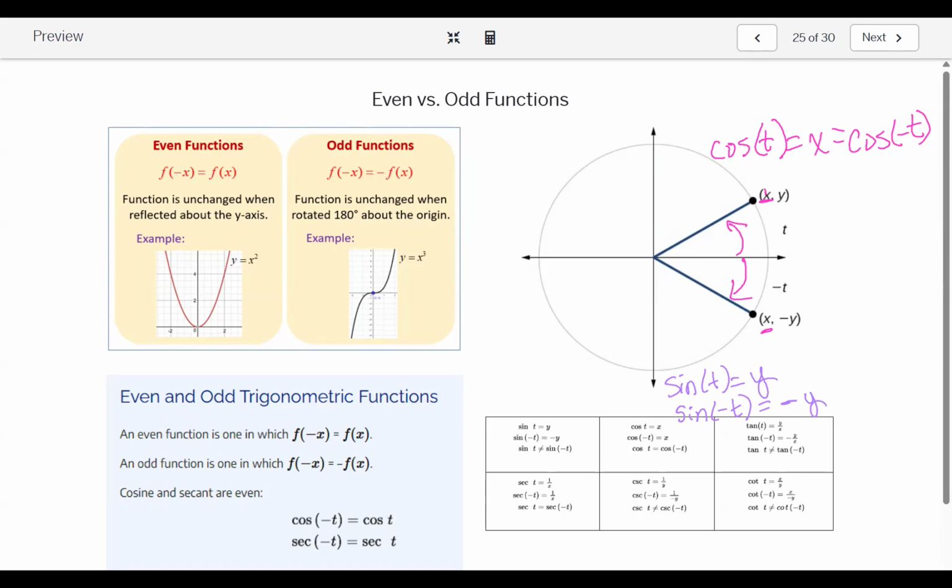So it turns out the sine function has this weird opposite operation. So I would have to add an extra negative, so it's sine of t equals negative sine of negative t. That's usually the way it ends up being written.